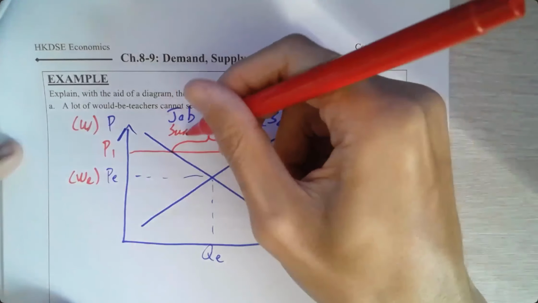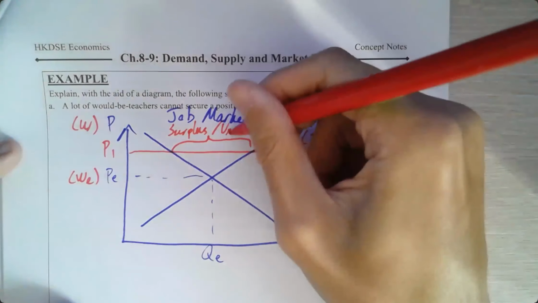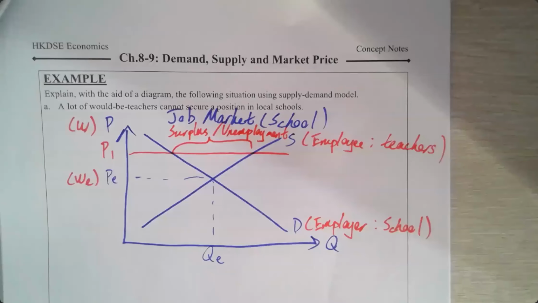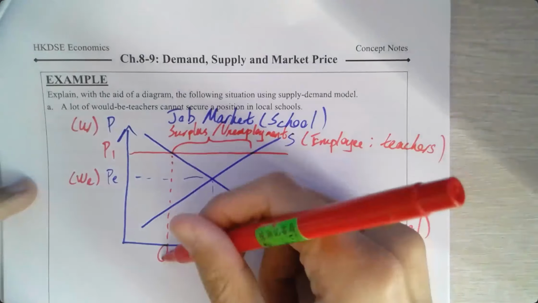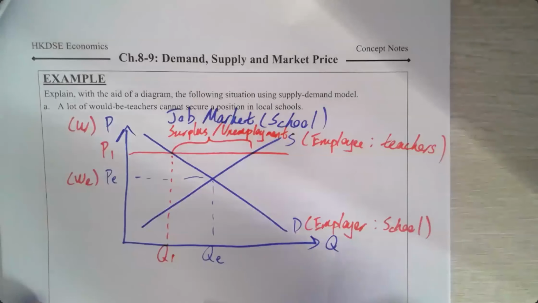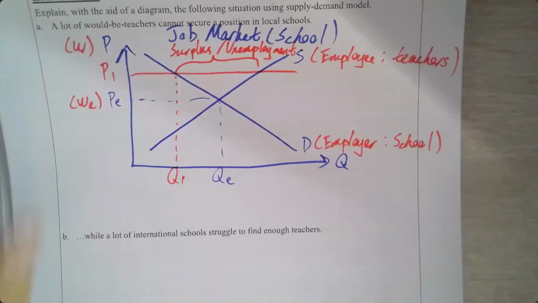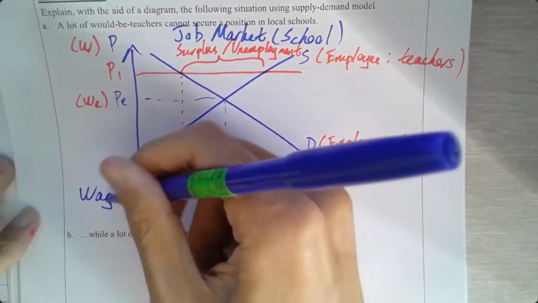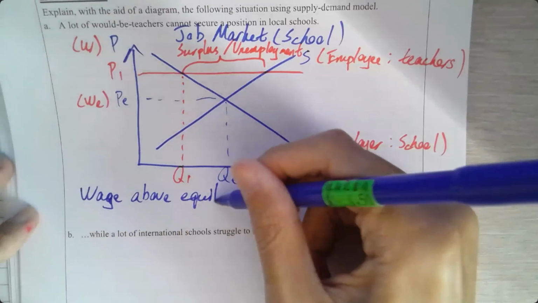We call this surplus of teacher, or in a job market, we call this unemployment. 呢個咪 unemployment 咯，好嘛？So unfortunately, the actual quantity hired is only at Q1 right here. Okay, not up to QE. 好嘛？好啦，其實個原因係咩意思啊？原來啊 the wage is above equilibrium.